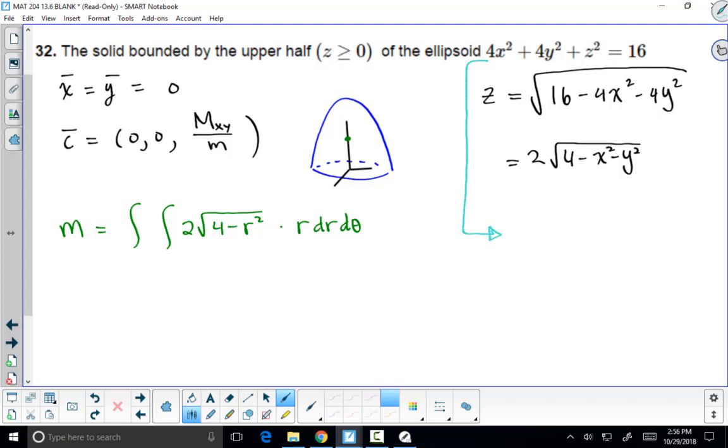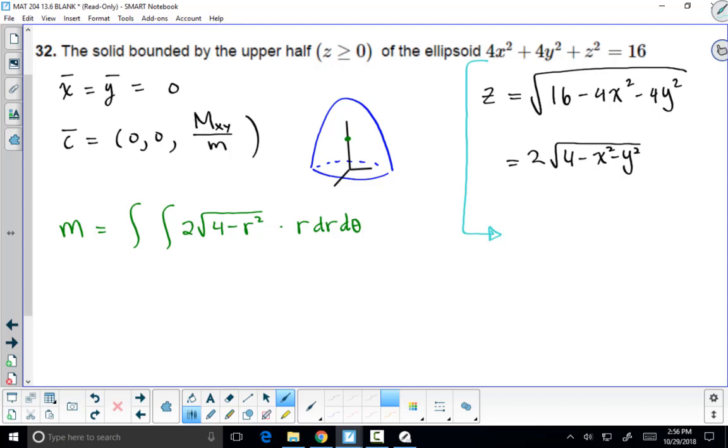Okay, so what are we doing to look at that curve in the xy plane? Setting z to 0. So we've got that ellipsoid like this. If we set z to 0, we're going to figure out what the intersection with the xy plane looks like. The xy plane has equation z equals 0.